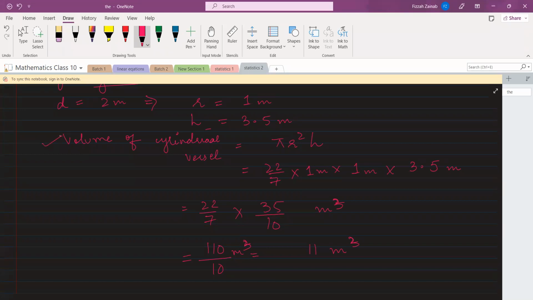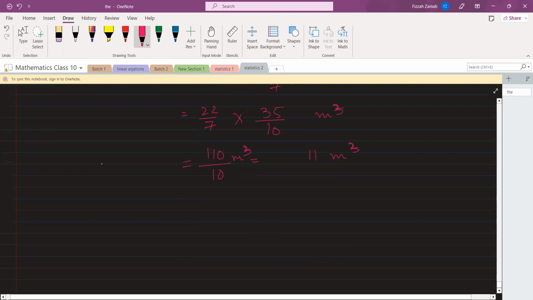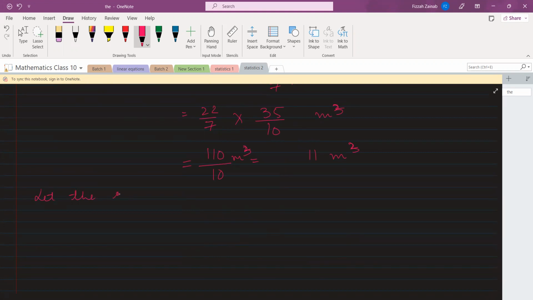Now let us assume that the rainfall be x meter. I mean, when the water is collected, the height is x meter. Understand? So how much is the volume of water which will be collected? It is now the volume of cuboid, right?